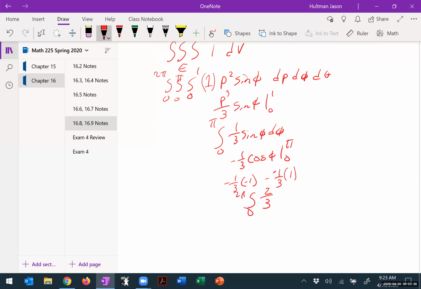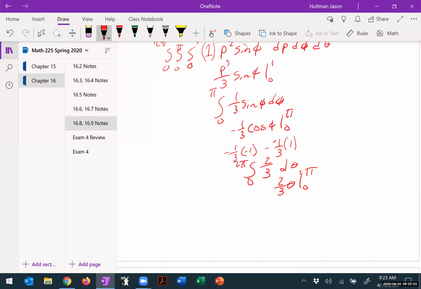We're going to integrate that from 0 to 2 pi of 2/3 d theta. This becomes 2/3 theta, evaluated from 0 to 2 pi. So this just becomes 4 pi over 3.